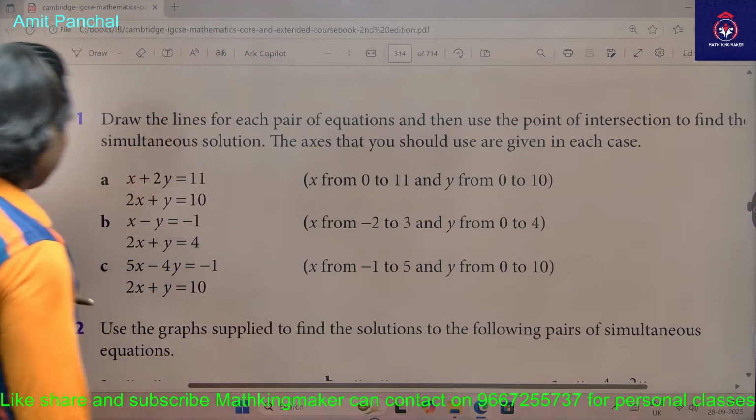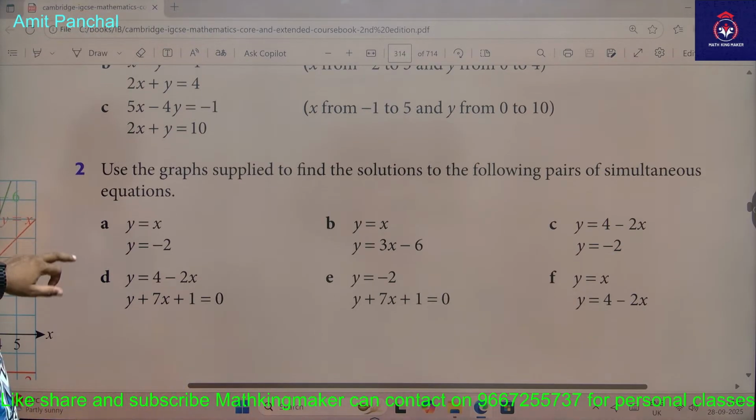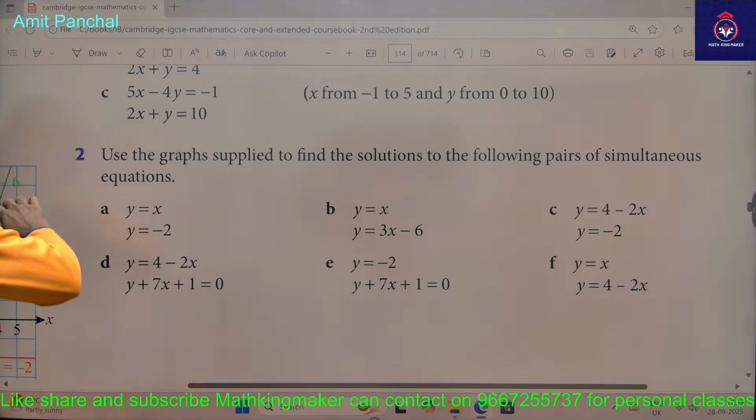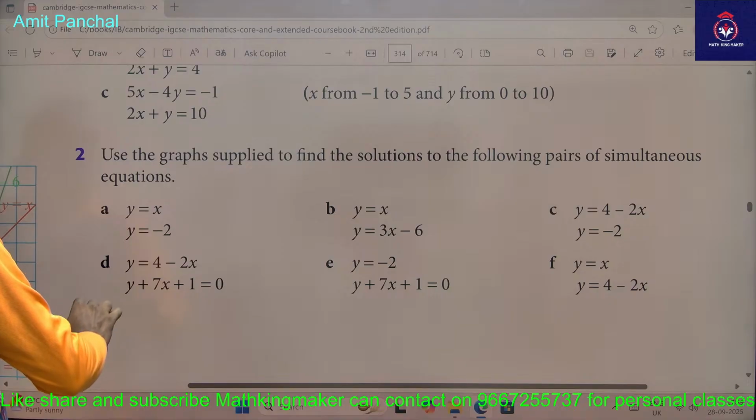Okay? Now use the graph supplied to find the solution to the following pairs of simultaneous equations: y equal to x and y equal to minus 2. Can you try the first part? I don't think we need a graph for the first part.